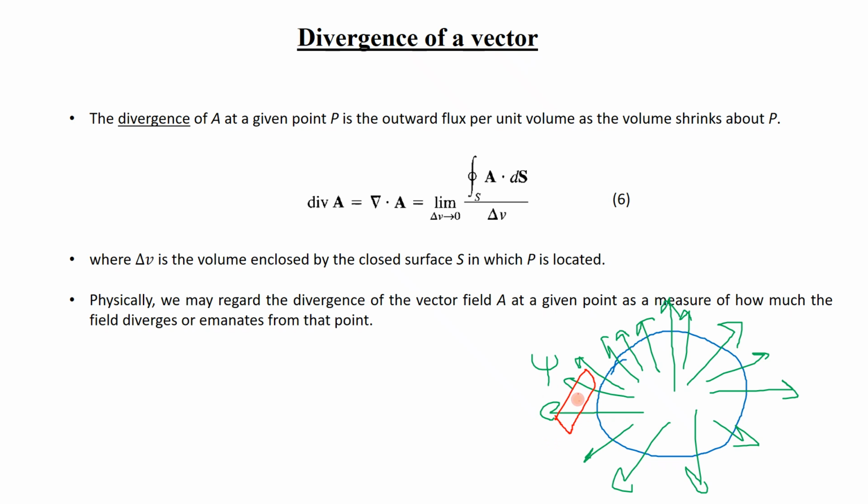This surface has area ds. If the total flux is psi, then the amount of flux coming out from this surface is d psi, say 10% of psi.